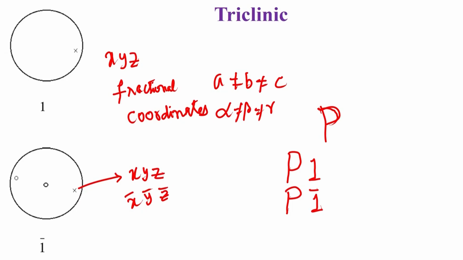So, the triclinic system will have 2 possible space groups. These are referred to as the space groups P1 and P1 bar. So, here we introduce the notation, the next point in the grammar, that is the definition of a space group.